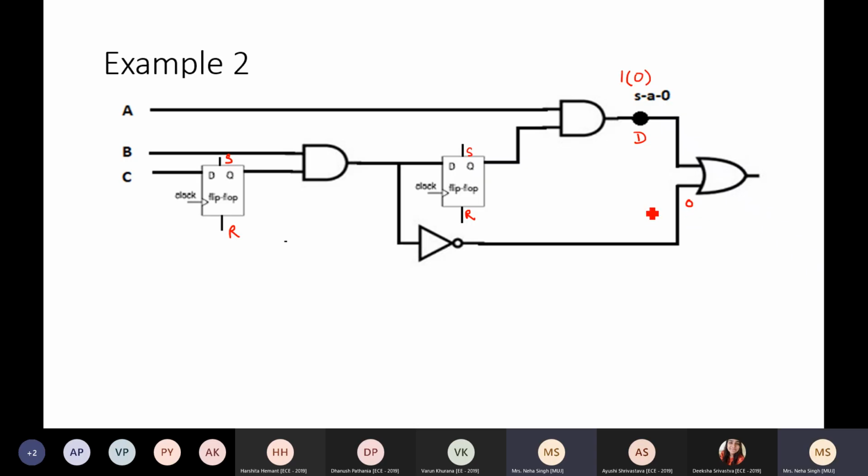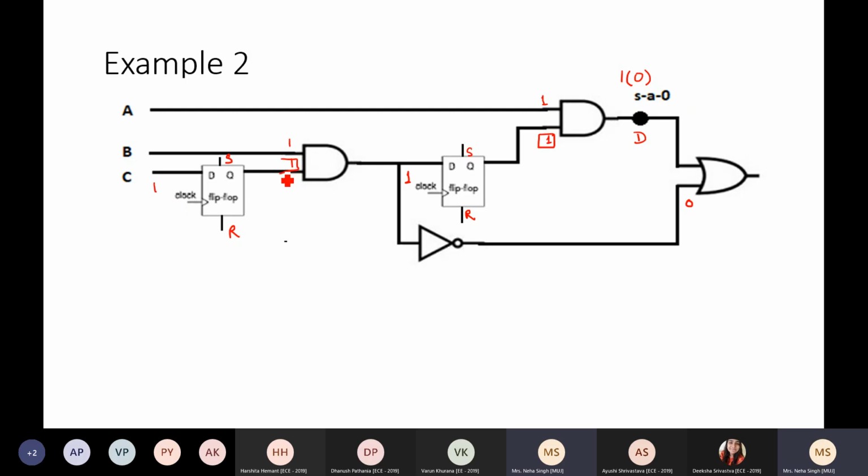To have a 0 here, I need to have 1 here. To have 1 at the output of D, I need to have the inputs at 1. So A becomes 1. The output of the flip-flop is required to be 1 here. The output of this AND gate will be 1 if I have both the inputs as 1. So in the last time frame, I should set C equal to 1 so that it is propagated as 1 here.